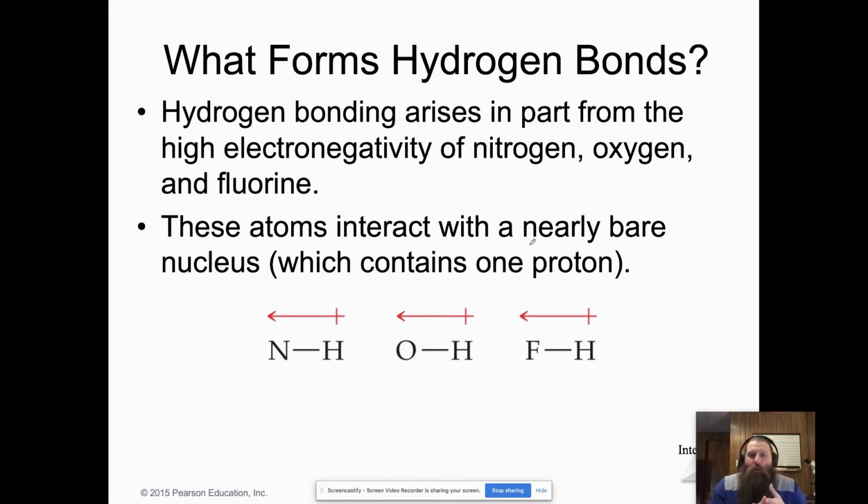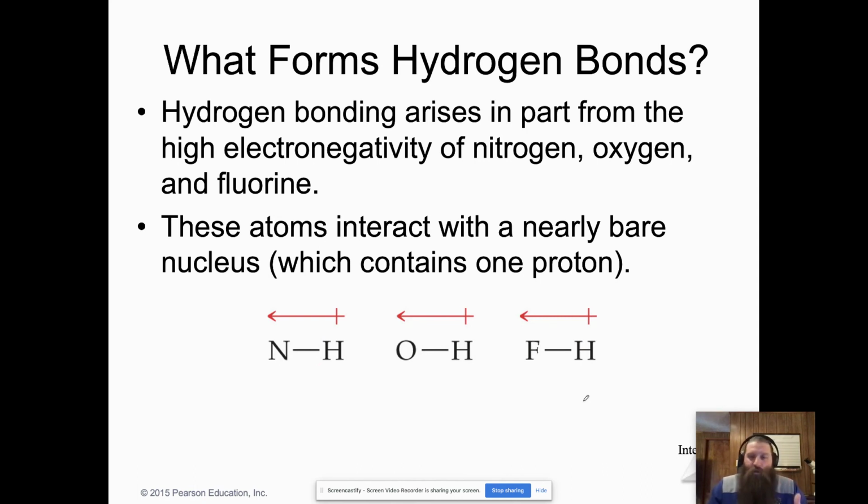Now, hydrogen bonds, if you want another way to think about it, you need to have a bare nucleus, right? That can be a good thing. So what's the bare nucleus I'm talking about? I'm talking about the hydrogen. So with these hydrogen bonds, that positive charge is a really strong positive charge.